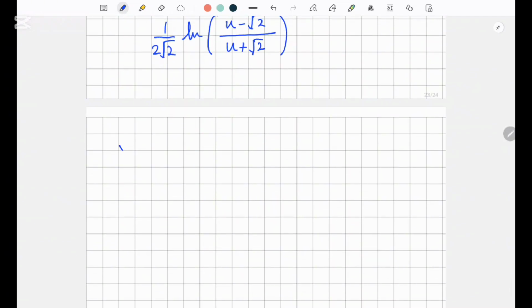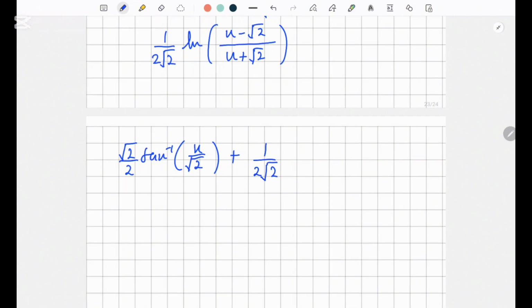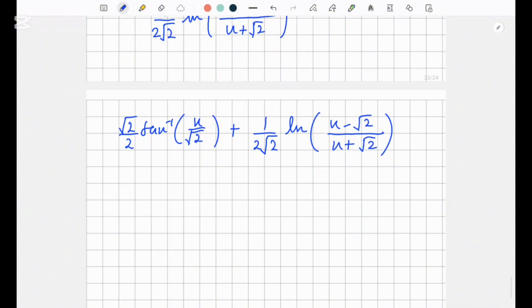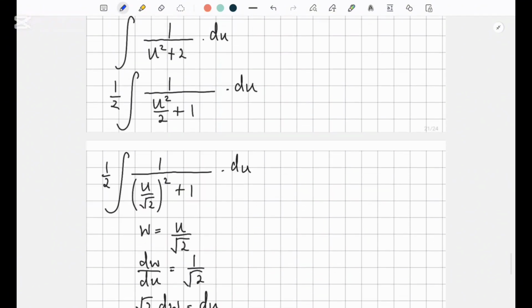Root 2 over 2 tan inverse u over root 2 plus 1 over 2 root 2 ln u minus root 2 over u plus root 2, right? Now this is in terms of u, but we need it in terms of root tan x.